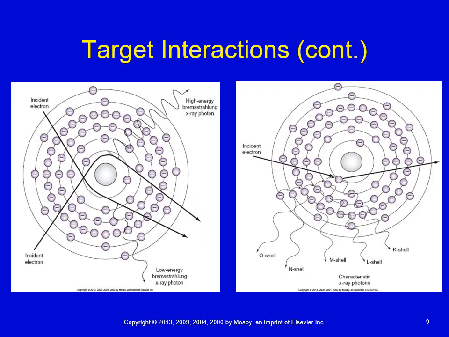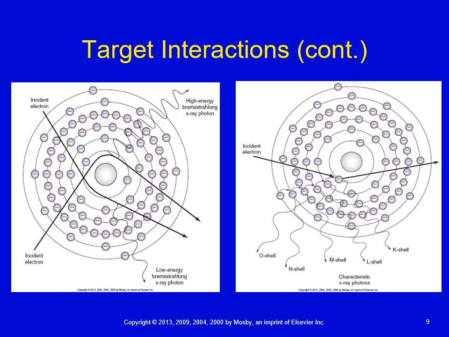Now, in terms of an atom, when atoms are built, we already know that all the inner shells need to be filled. Outer shells do not have to be filled, meaning they don't need to have 8 electrons, but all of the inner shells need to be filled. That process of the electrons dropping in to fill the vacancies is what we call a characteristic cascade, and it will continue until all of those inner shells are filled.